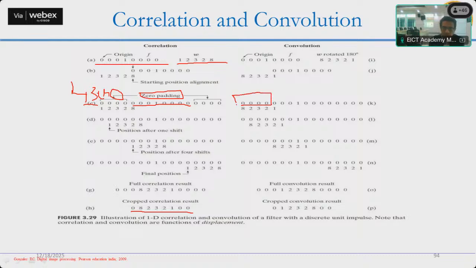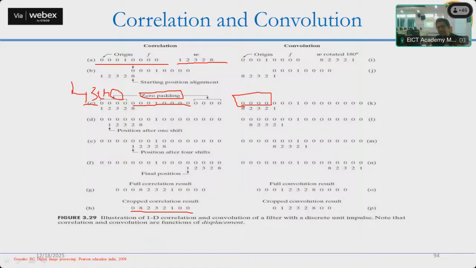The question is, what will be the effect of correlation and convolution on the image? It will depend upon what your mask is. When you are taking correlation and convolution, whatever values come are based upon the values contained in the mask. So it depends upon the mask.